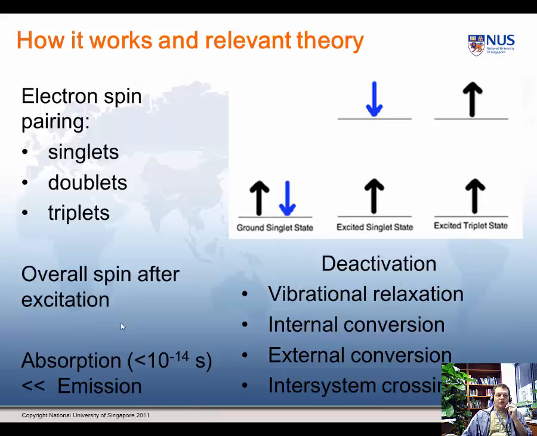Now, absorption happens very quickly. 10 to the minus 14 seconds is a good average number. That's much, much less than the time scale of emissions. So whether you get fluorescence or phosphorescence actually depends on the overall spin after excitation, whether it's a singlet or a triplet, for instance.